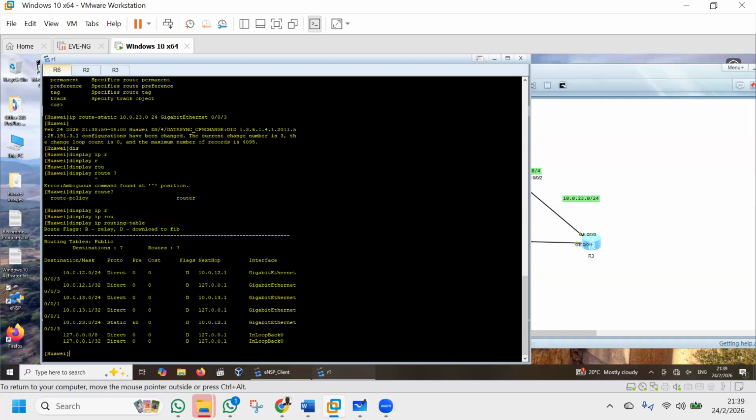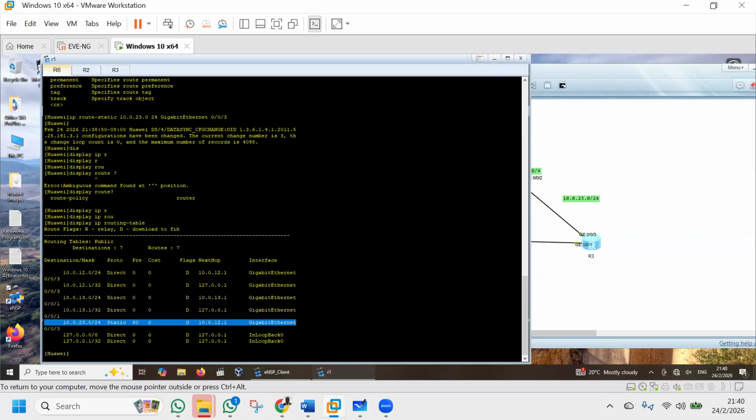Right. So you can see now we have the static route ready in the routing table. The reason is that that's a remote network. It's not directly connected.